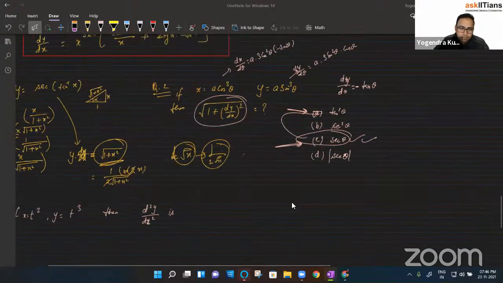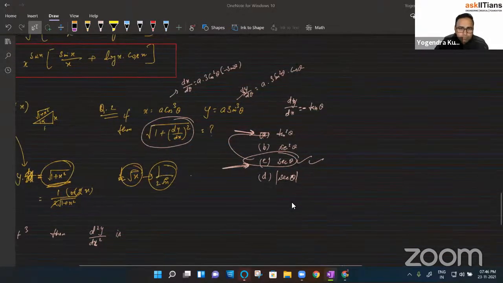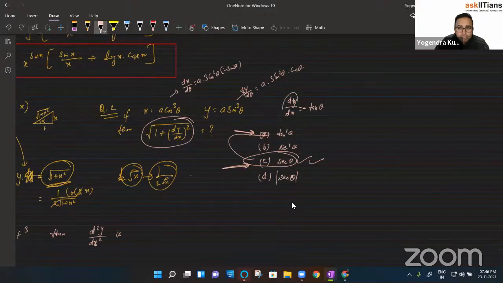See here, Mrithin, this is what we got. Now I need to get dy by dx. So I'll divide the second equation by the first equation. Dy by dx will be this particular value divided by this. So what will you get?